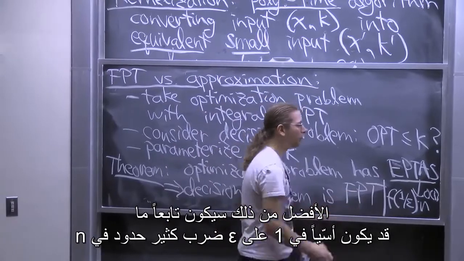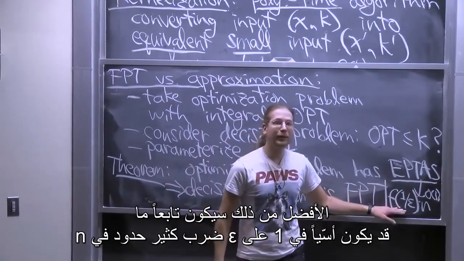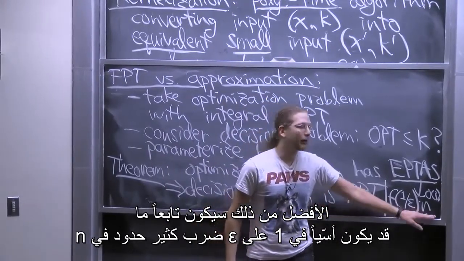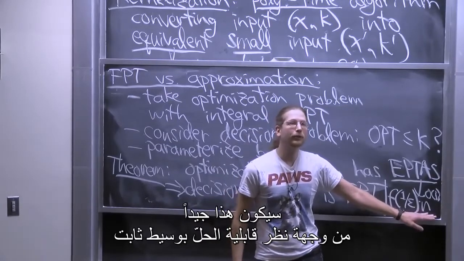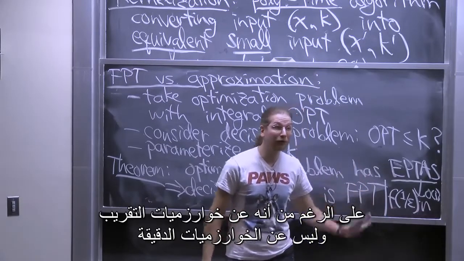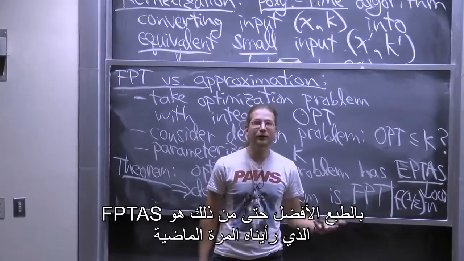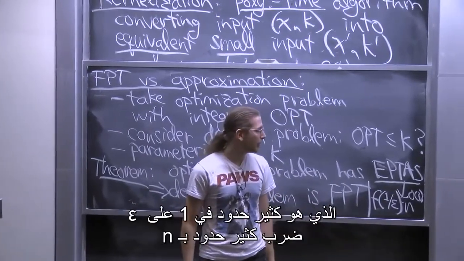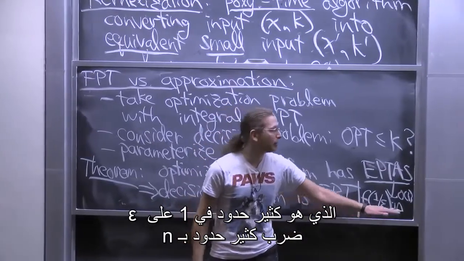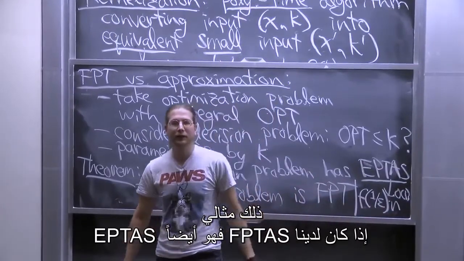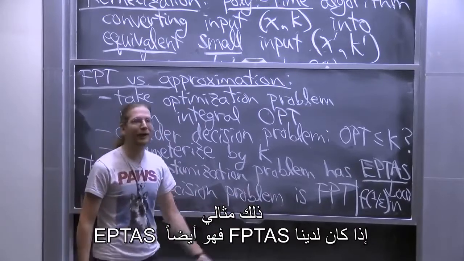Better would be some function, possibly exponential, of 1 over epsilon times polynomial in n. This is going to be good from a fixed parameter perspective, although it's about approximation algorithms, not about exact algorithms. Of course, even better is the FPTAS we saw last time, which is polynomial in 1 over epsilon times polynomial in n. That's ideal.